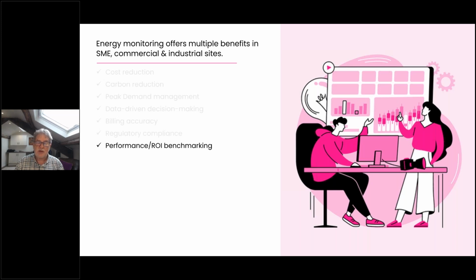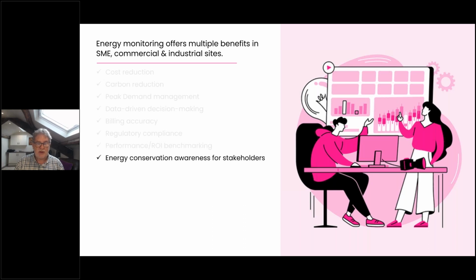Performance, ROI benchmarking. So if somebody's going to invest in some form of renewable or energy efficiency measure, such as variable drives or LED lighting or a myriad of other energy efficiency measures, then it's very important that some form of monitoring package can check the ROI projections.